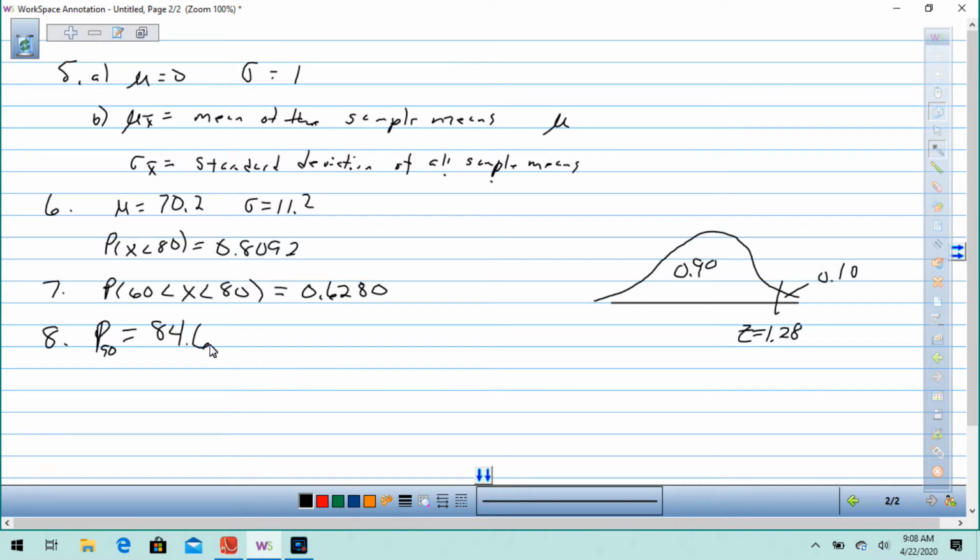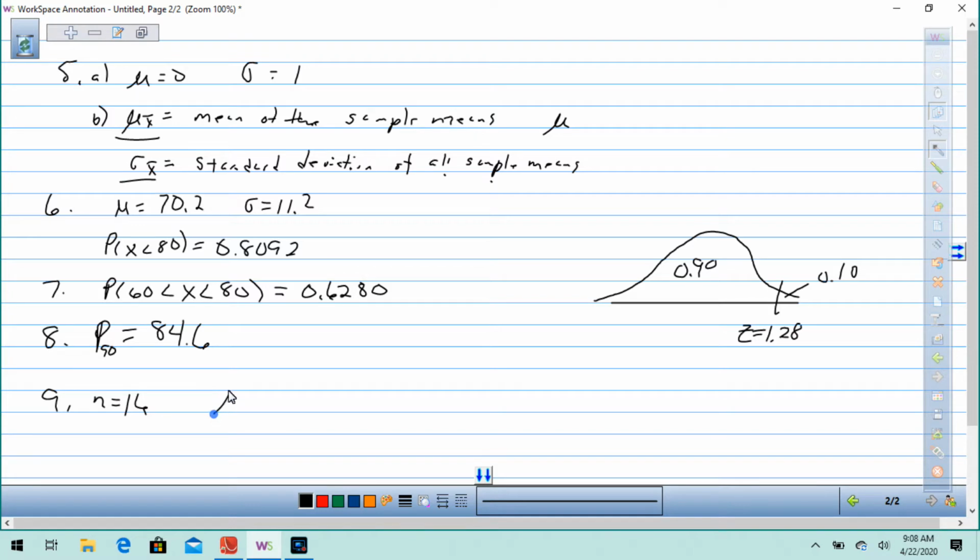All right. Number 9. Diastolic blood pressure. If 16 women are randomly selected, find the probability that the mean of their diastolic blood pressure levels is less than 75. So now we have n equals 16. So we're doing the sample, we're doing this right here.